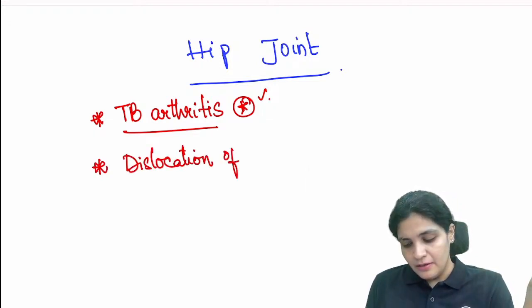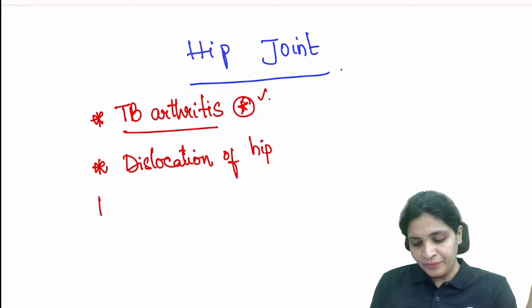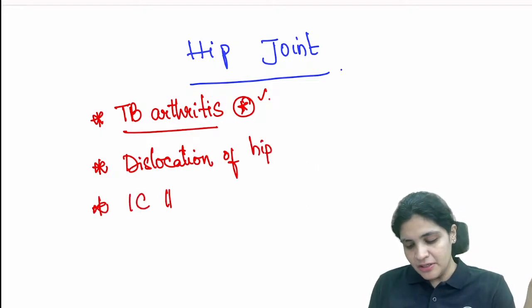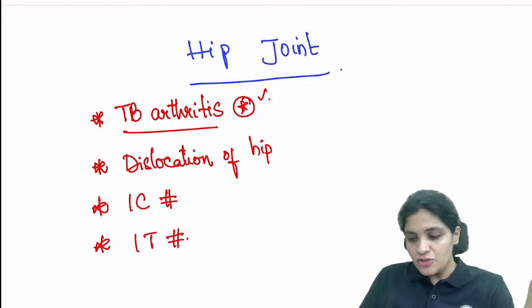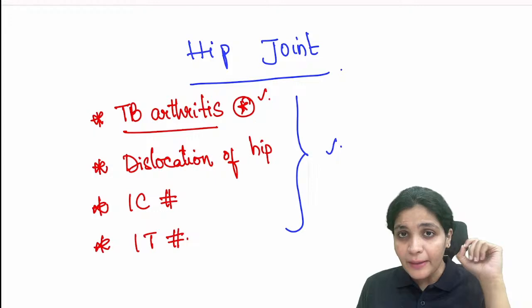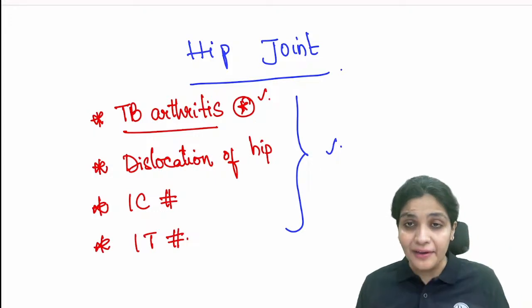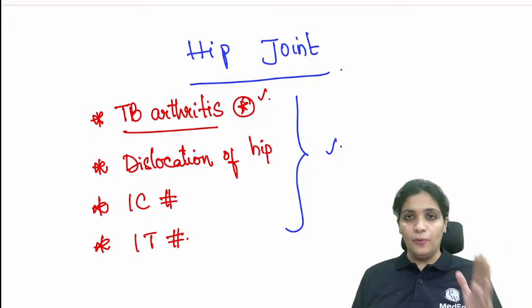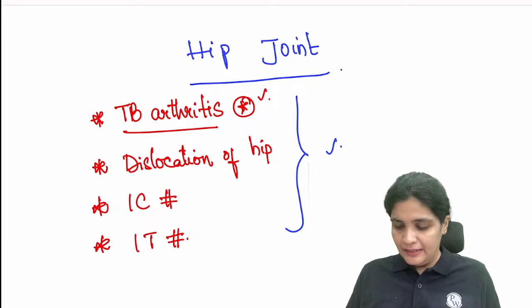And coming to trauma, the IC fracture and the IT fracture, right? These are all important things which you have to make sure you read in the theoretical part before attending your viva sessions or orthopedics practical exam.